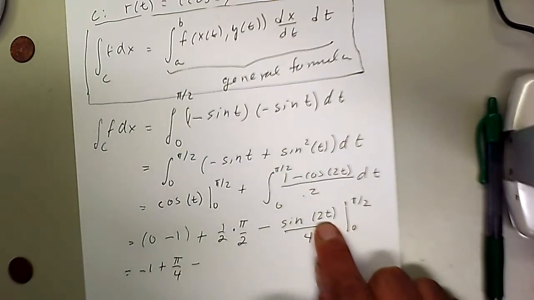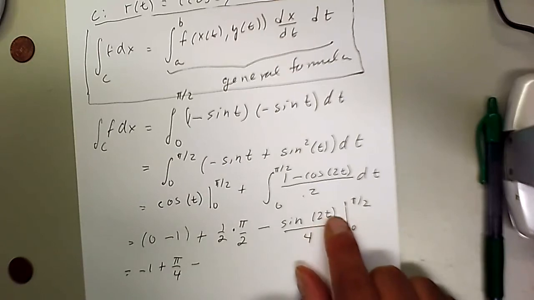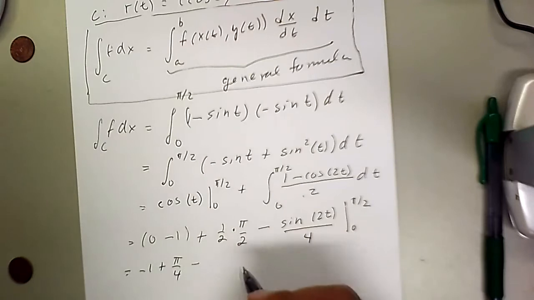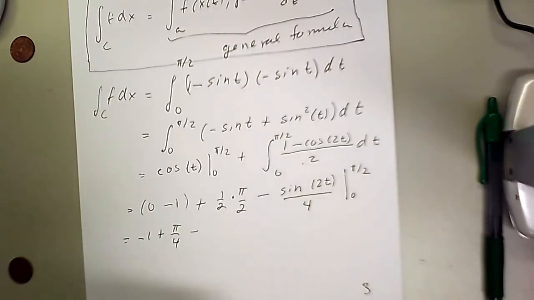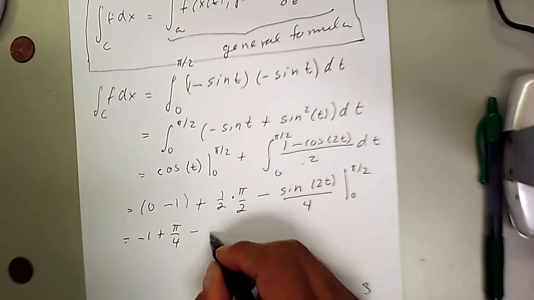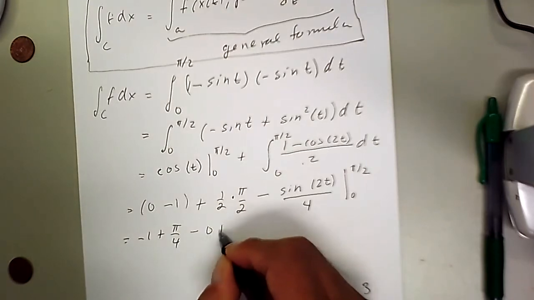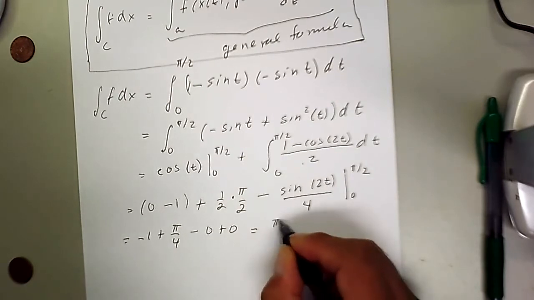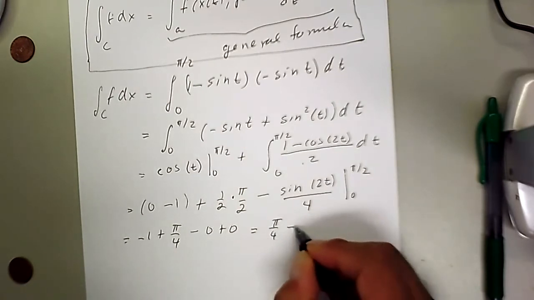Oh, this is interesting. When we plug in pi over 2 here into t, we're going to get just pi. Sine of pi is 0, and then that's 0 as well. So this is going to give us minus 0 plus 0. So the final answer is pi over 4 minus 1.